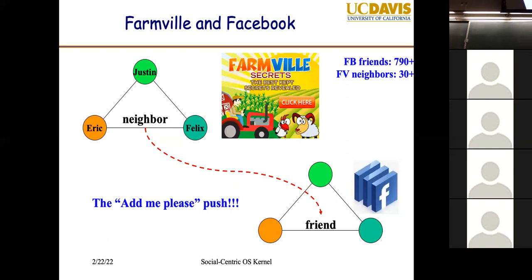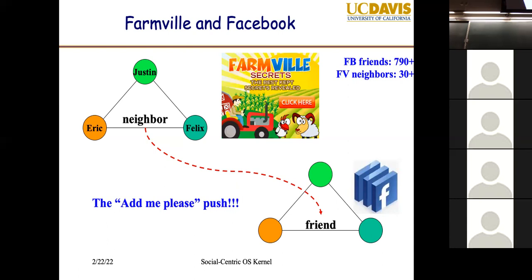Number one I want to tell you is that because of this, at that time, and I think even today, you can find a website called Add Me Please. There are such websites, some of them even under Facebook. What do I mean by Add Me Please? Those are all players of Farmville or any game.